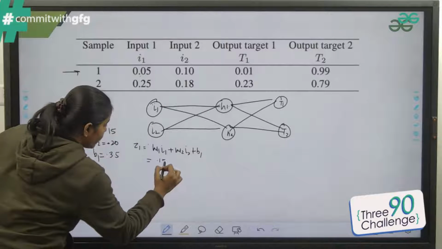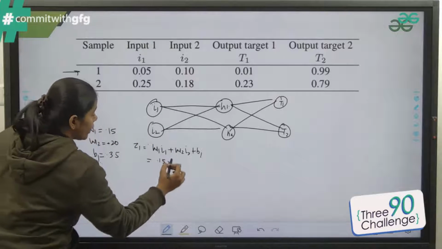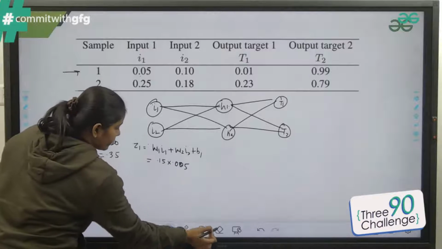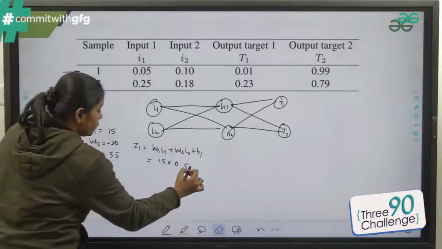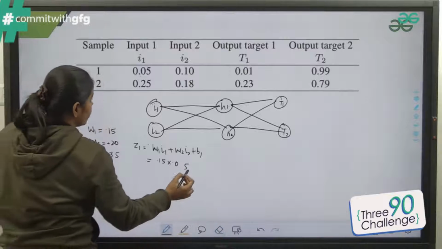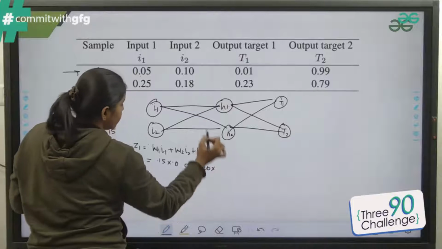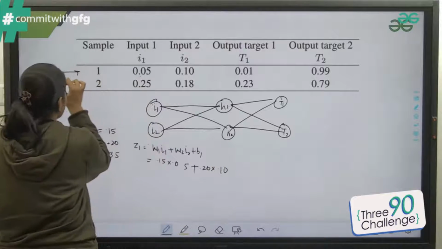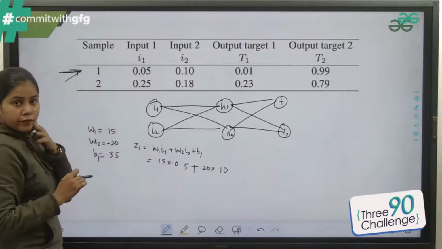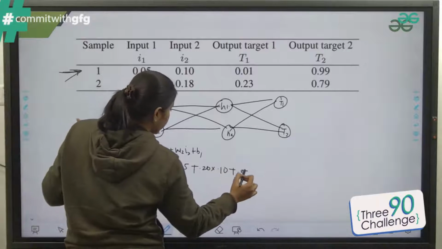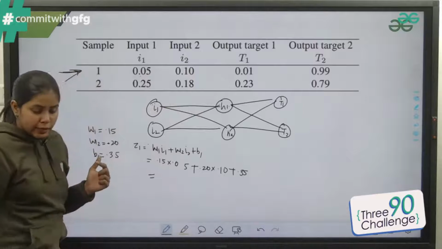So I'll write 0.15 into I1, which is 0.05, plus W2, which is 0.20, into I2, which is 0.10. I am working on this sample value, right? And then B1 is 0.35. If I solve this, I'll get the Z1 value.